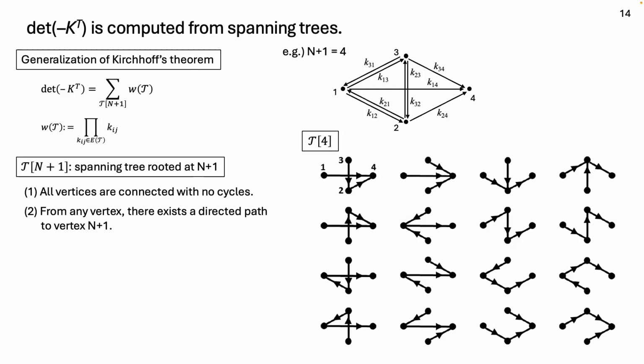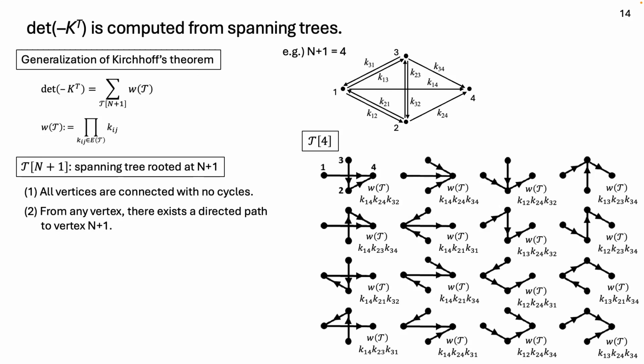And then W(T) means the product of reaction rates in this subgraph. For example, for this graph, W(T) is K14 times K24 times K32.